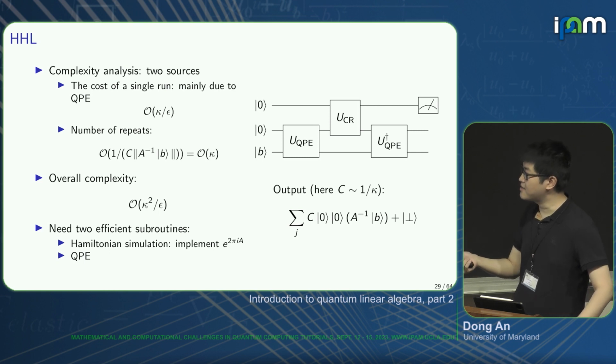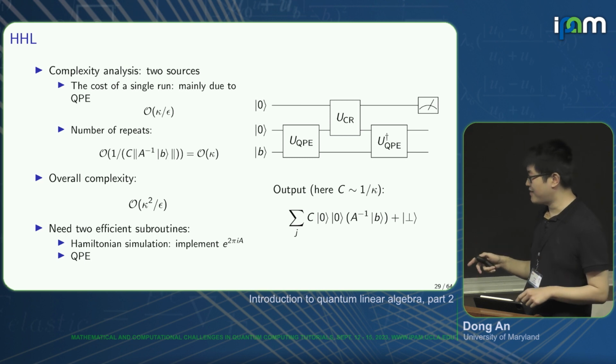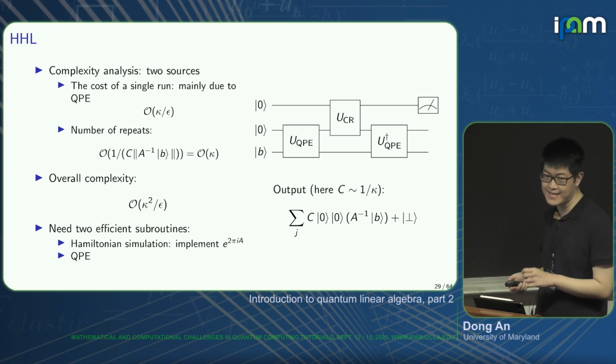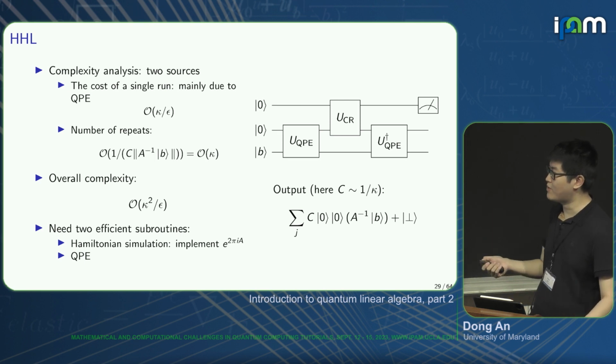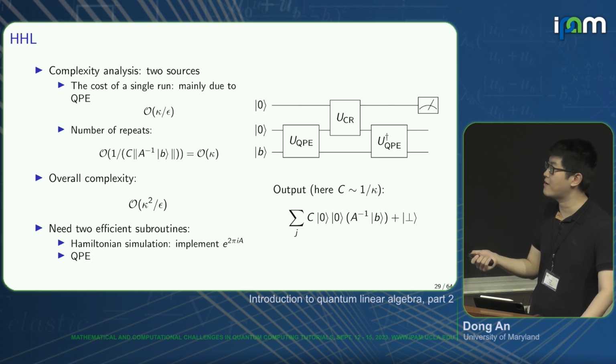The kappa scaling is really due to the multiplicative error requirement. That is, we want our eigenvalue to be estimated up to some multiplicative error, not an additive error. So we want the error to be something like epsilon over kappa, which translates to an overall complexity of something like kappa over epsilon. This is the first source of complexity.